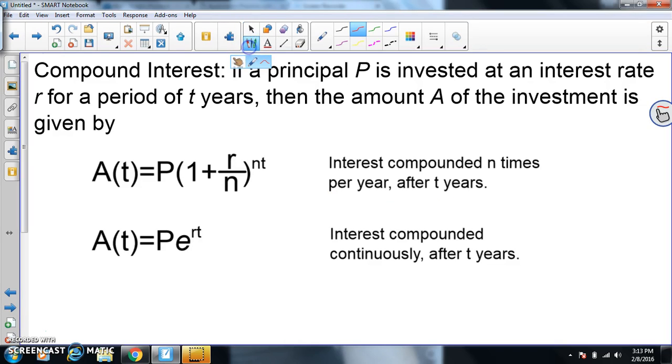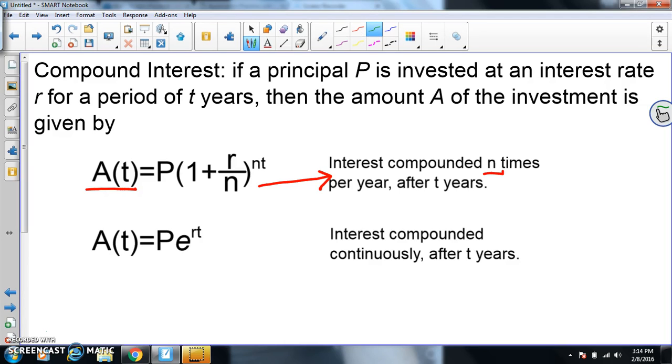When we are working with compound interest, we have two different formulas. If a principal P is invested at an interest rate R for a period of T years, then the amount A of the investment is given by: the amount of our investment is equal to P times 1 plus R divided by N, all raised to the N times T, if we are compounded N times per year after T years.